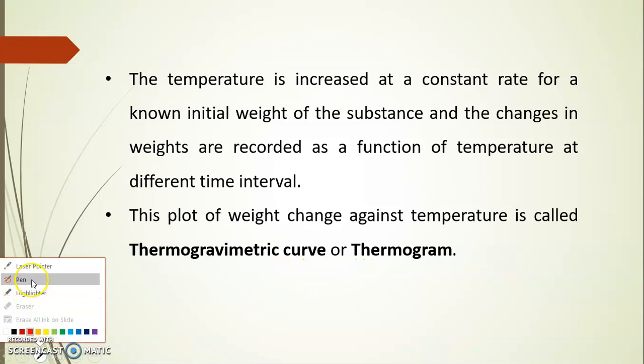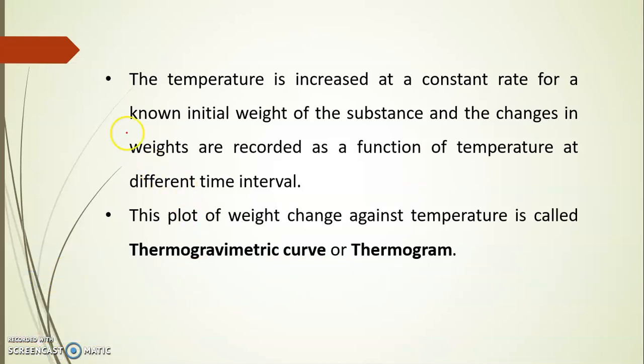So students, when we use this TGA method, we produce a graph which is known as a thermogram. On the x-axis we denote the temperature, and on the y-axis the weight change. This plotting of graph is known as a thermogram.